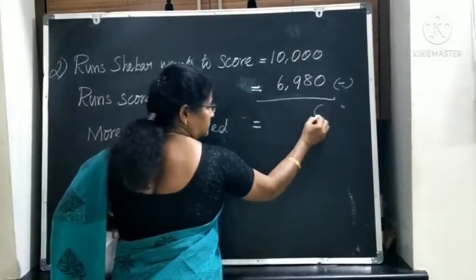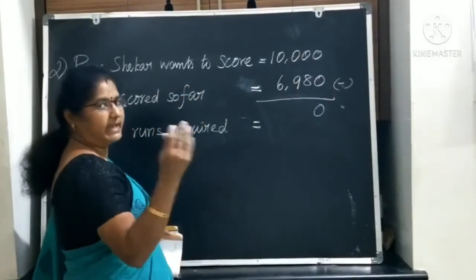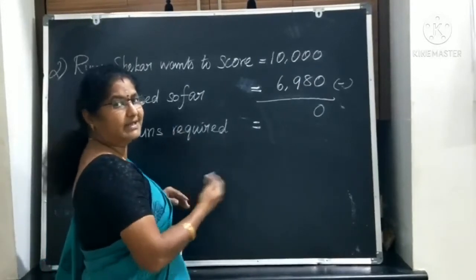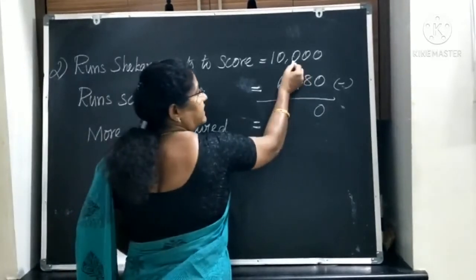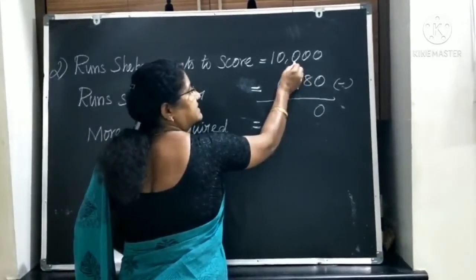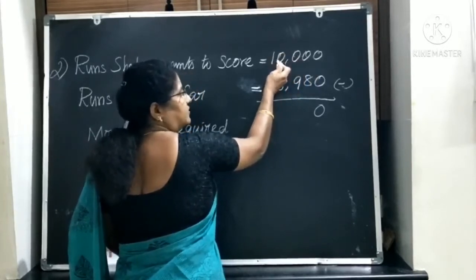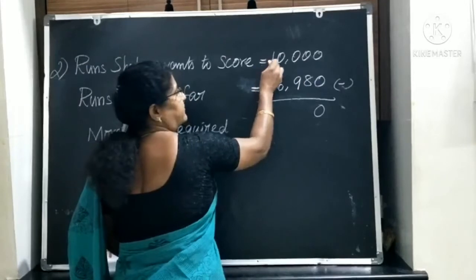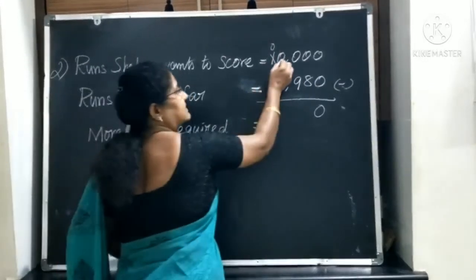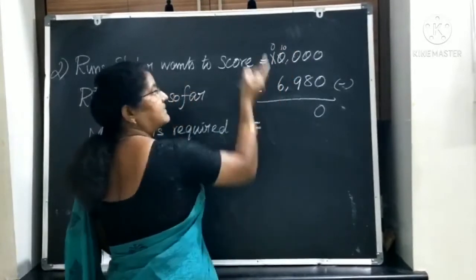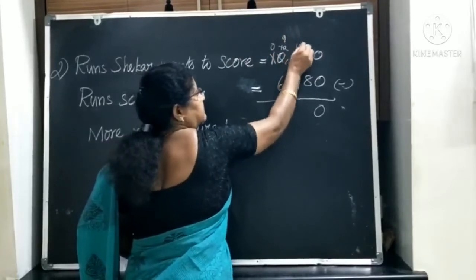0 minus 0, 0. 0 minus 8: 0 is smaller than 8, we cannot subtract. So we have to borrow from the neighbor digit, the previous digit. But in the previous digit also there is no number. So you go to the next digit. Here also no number. Go to the next. So from here you have to borrow. When you borrow it becomes 0. Now this one is 10. From here to here you have to borrow. This becomes 9, it becomes 10.